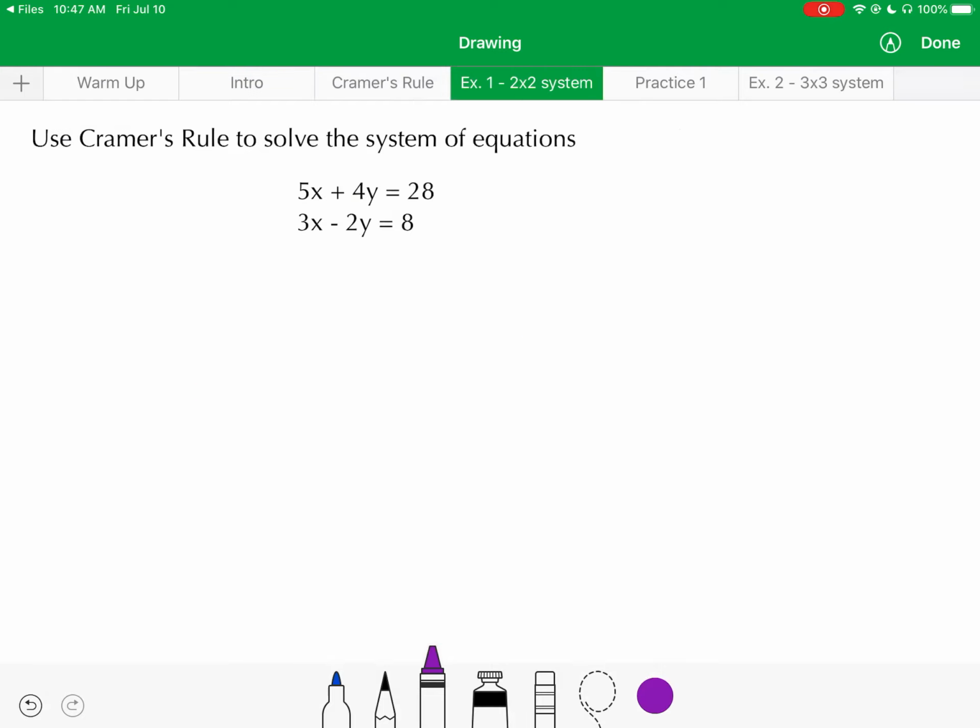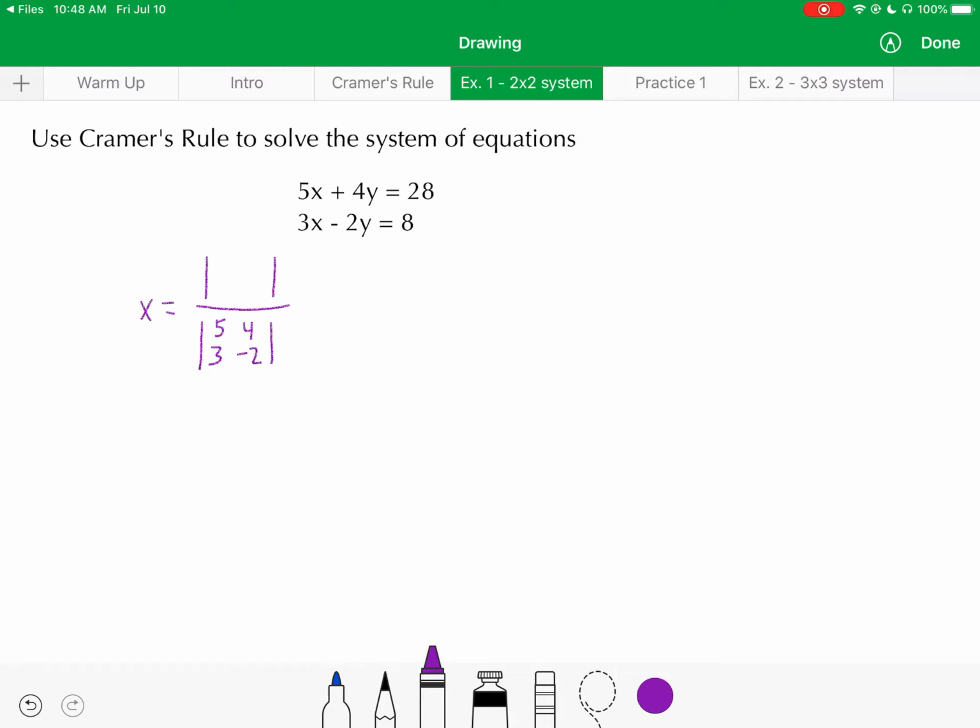So let's now apply it to an example. Notice this system is set up perfectly for Cramer's rule because both equations are already in their standard form. So let's say I want to solve for x. Here would be your initial setup. In the denominator, I'd have 5 and 4 in my first row, 3 and -2 in my second row.